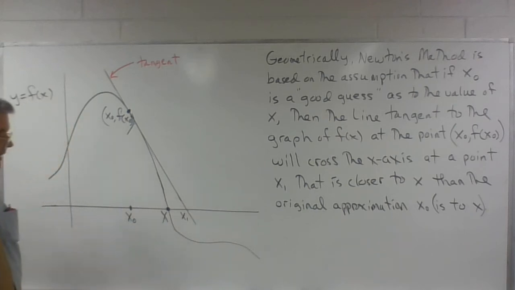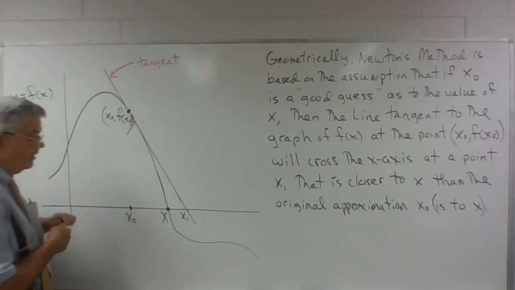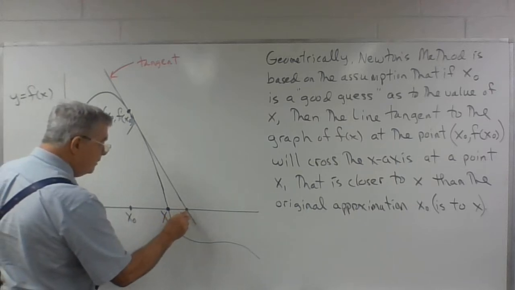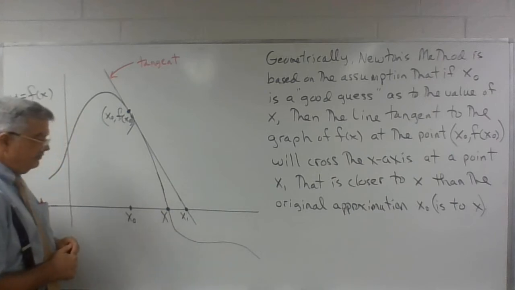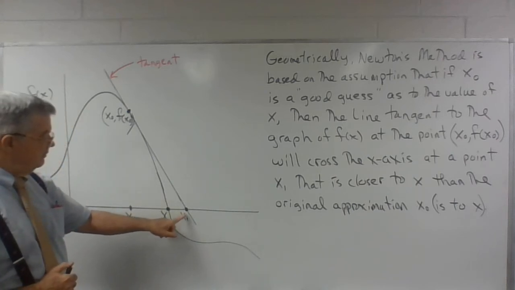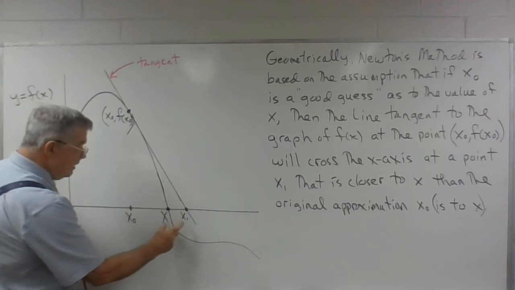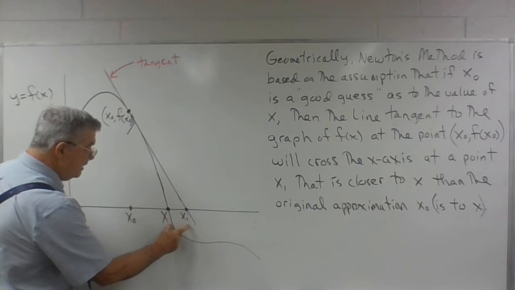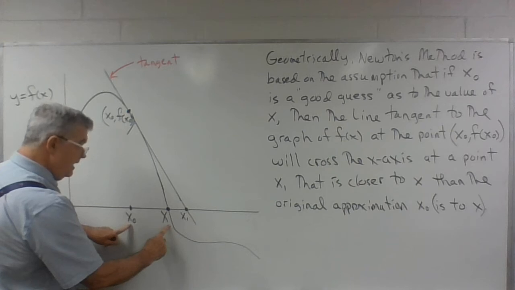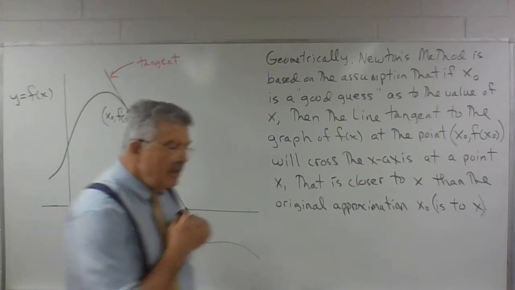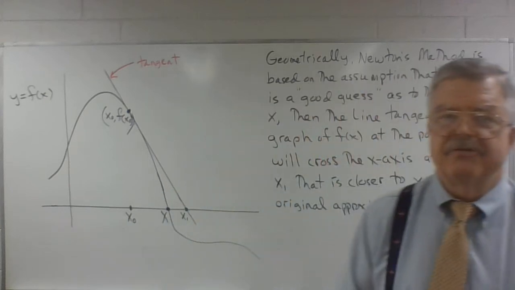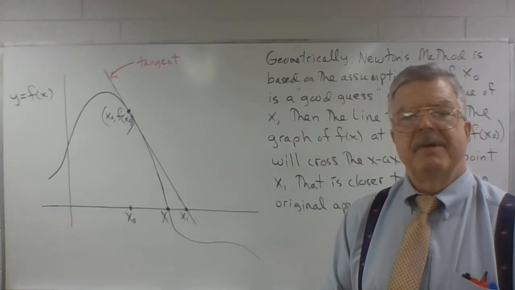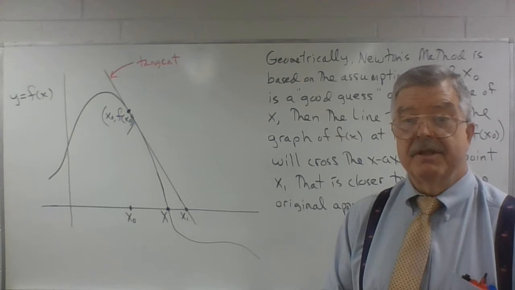And see, that's exactly what happens here. Here's x of 1, the place where the tangent line crosses the x-axis. And notice that x of 1 is closer to our solution x than x of naught is. So that's the entire premise that Newton's method is based on geometrically.